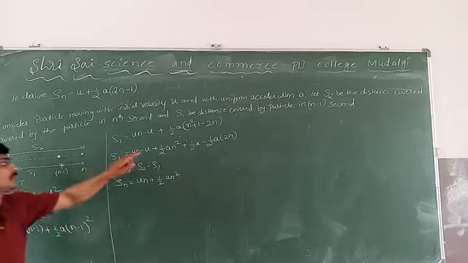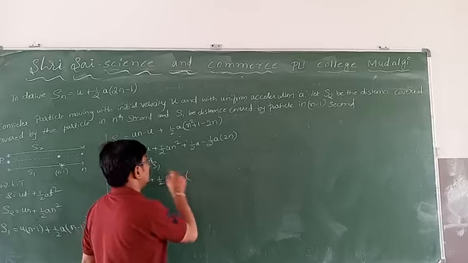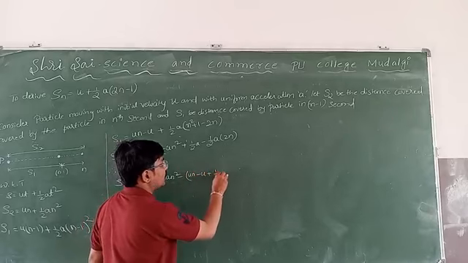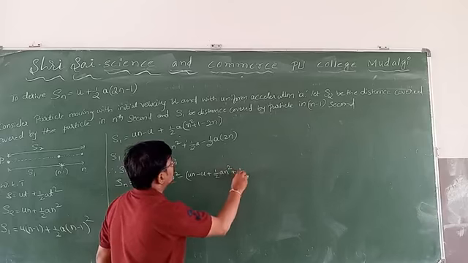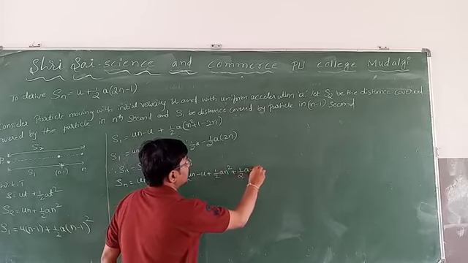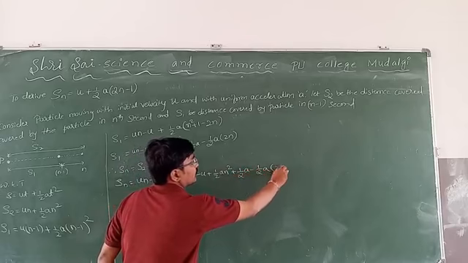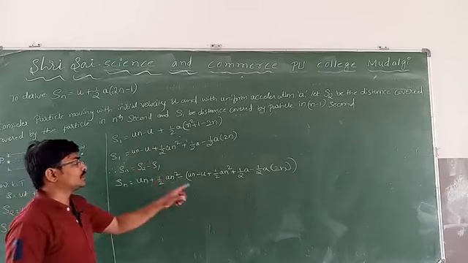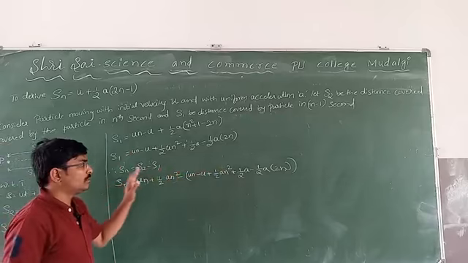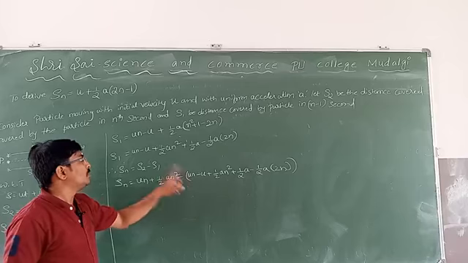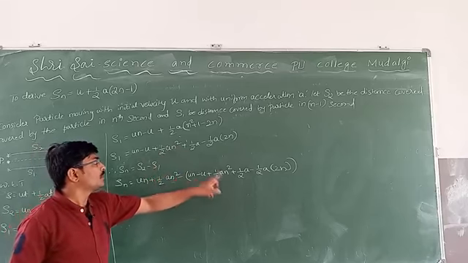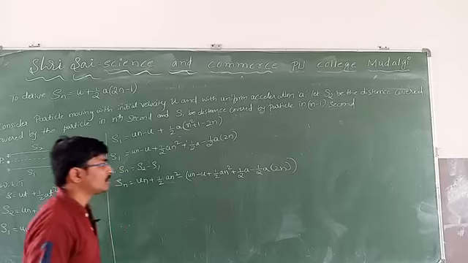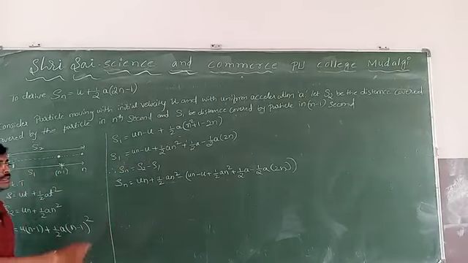Minus s1 means minus of the whole s1: un minus u plus 1/2 a n square plus 1/2 a minus 1/2 a into 2n. This is your equation. Once again check whether I have written it correctly or not.